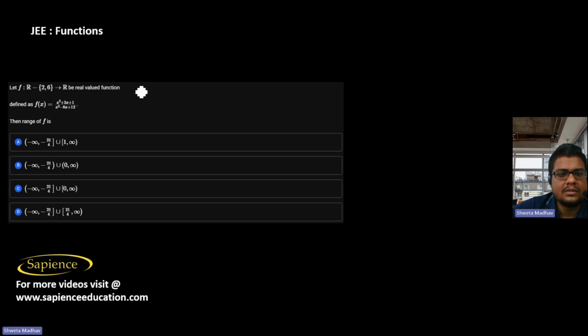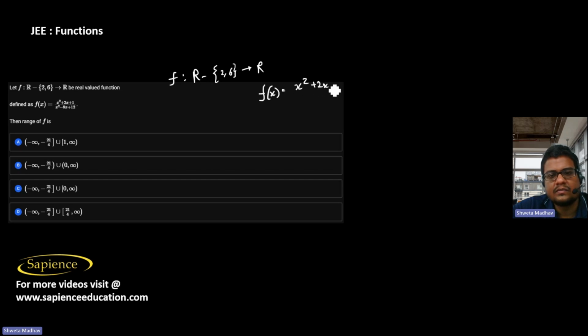Then here it is told, let f be from R minus {2, 6} to R, a real valued function which is defined as f of x equals x square plus 2x plus 1 divided by x square minus 8x plus 12. Then the range of f is. So if we take this as y, then we can say that x square plus 2x plus 1 is equal to x square y minus 8xy plus 12y.